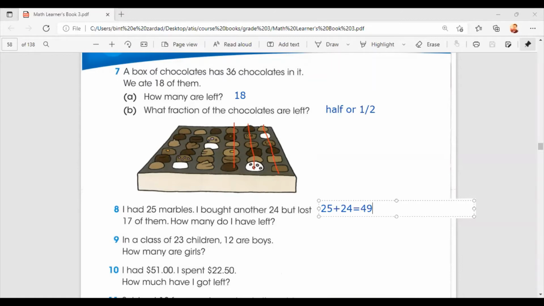Now from 49 I lost 17. 49 minus 17: 9 minus 7 equals 2, and 4 minus 1 equals 3. 32. So 32 marbles.